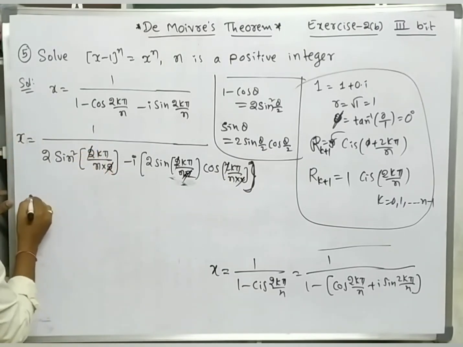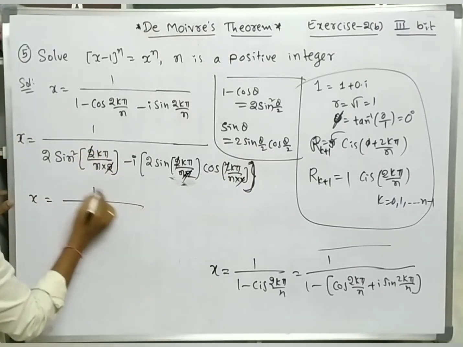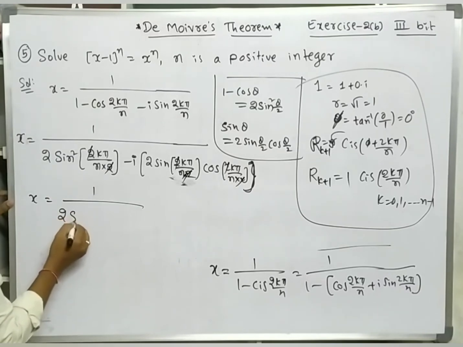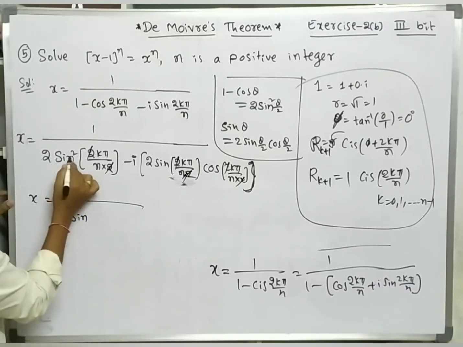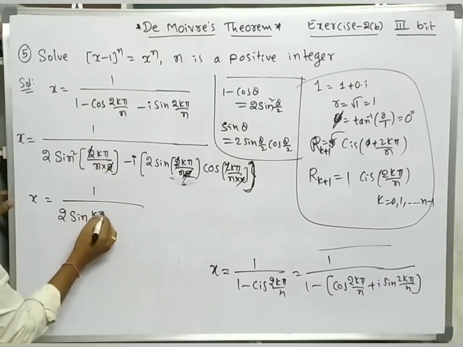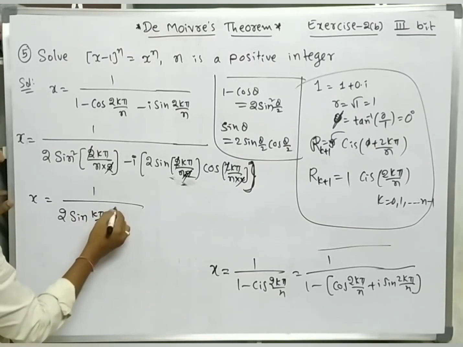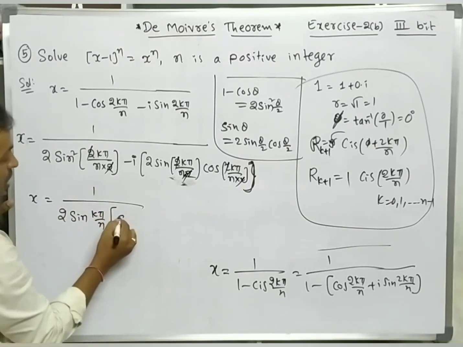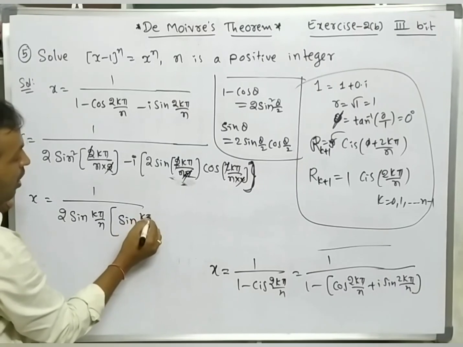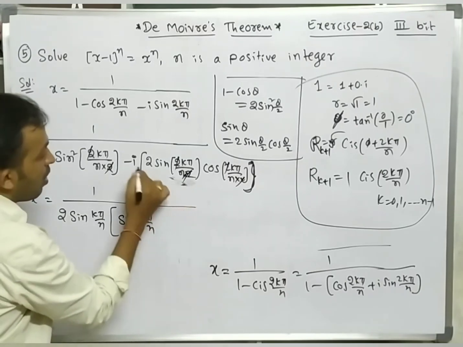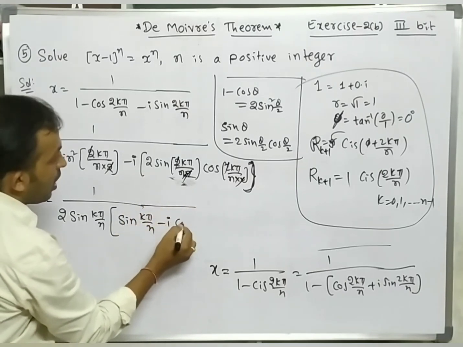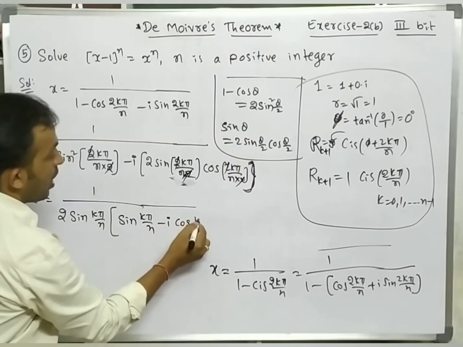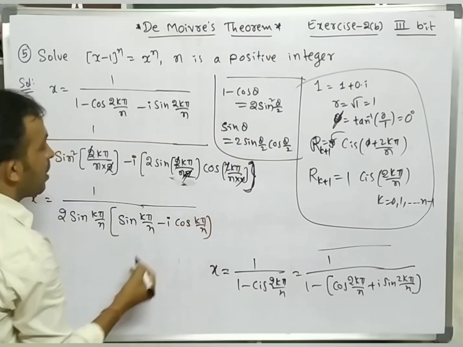Okay, so here what is common in the denominator? 2 sin k pi by n is common. What is remaining? Sin k pi by n minus i cos k pi by n, that is remaining.